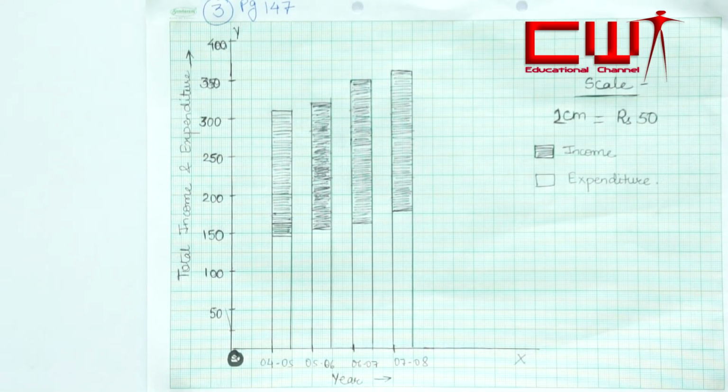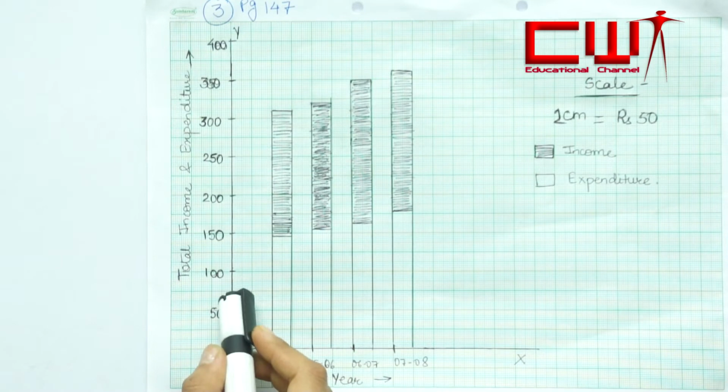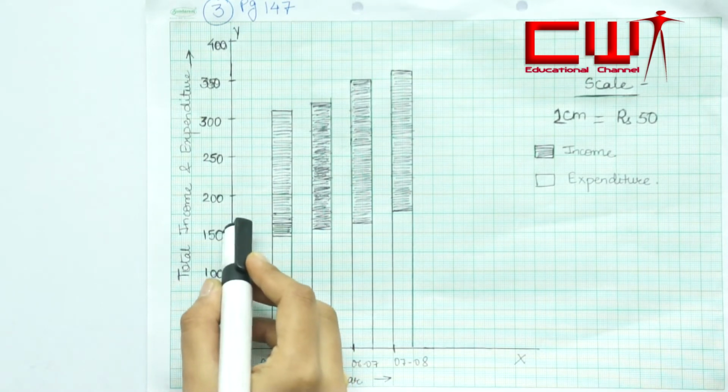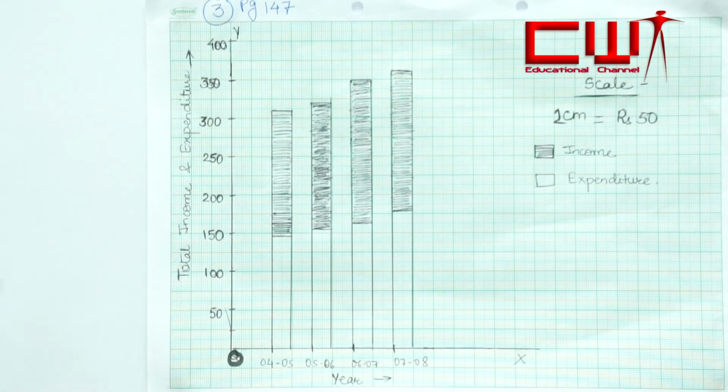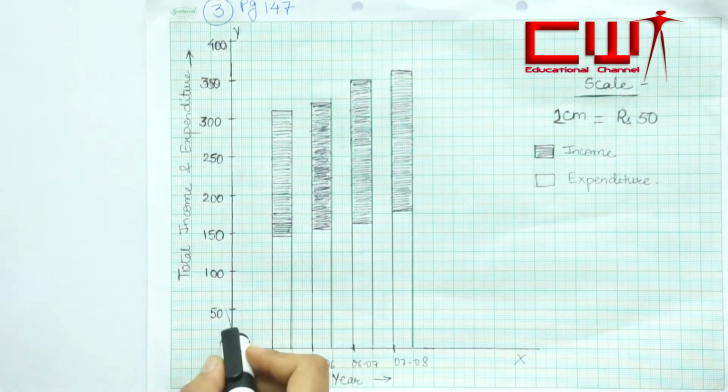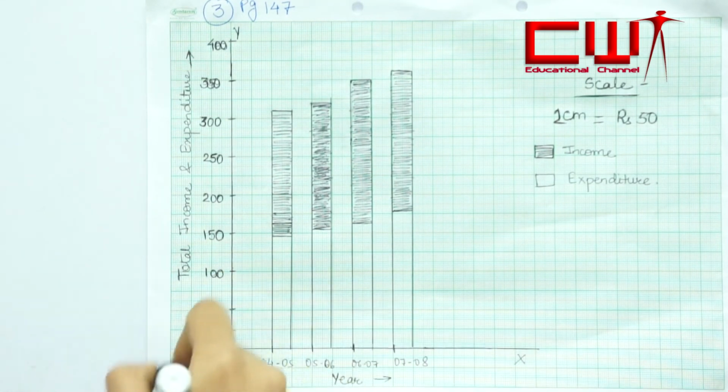O means origin. And this is 0 to 50, 50 to 100, 100 to 150, 200, 250, 300, 350 and 400. I'm just letting you know the making of the graph. So this is point of origin. One line will go vertical, the other will go horizontal.